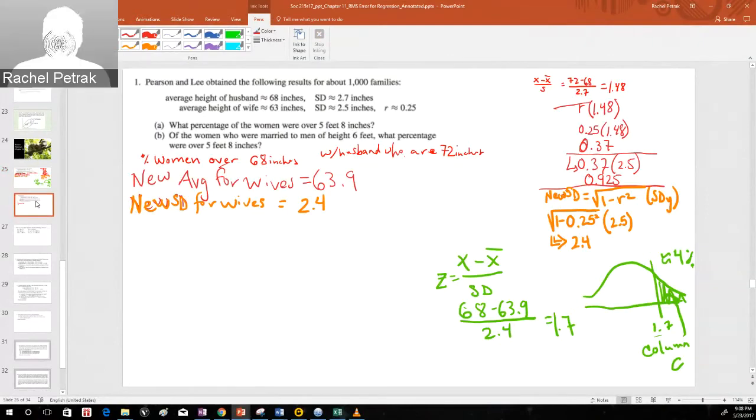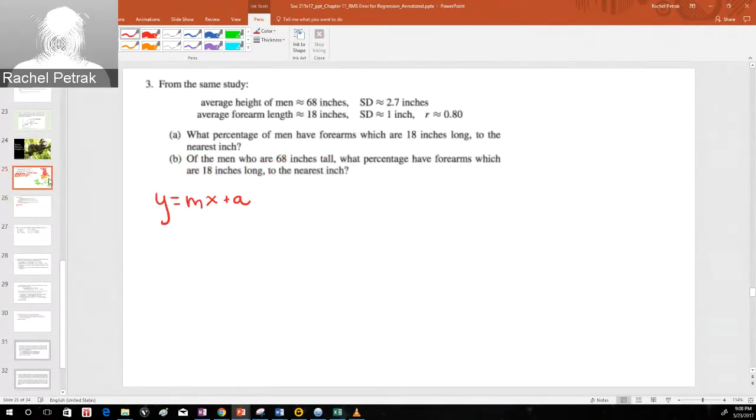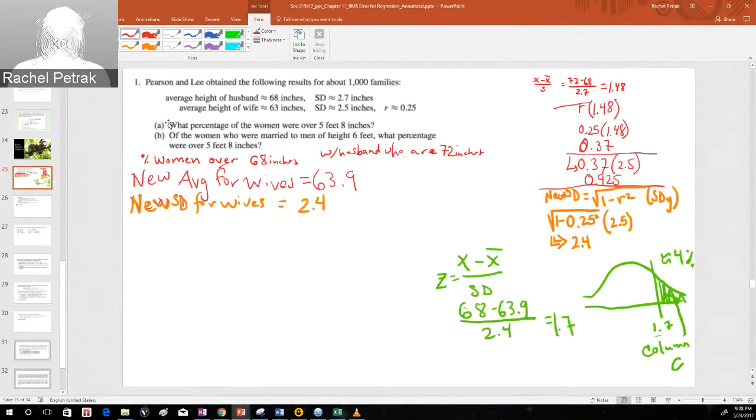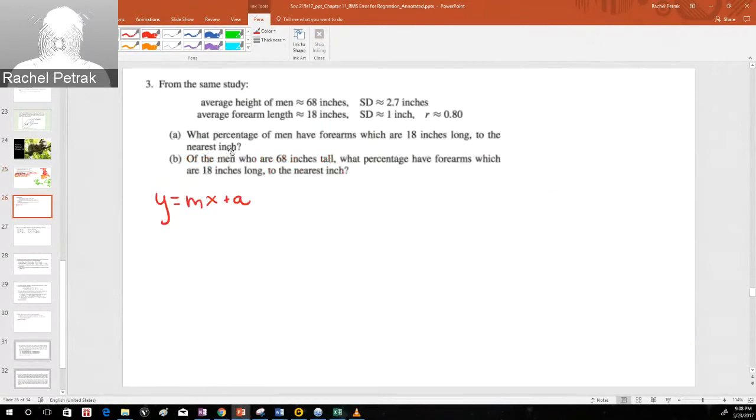So we can solve this. It's very similar. The reason I went back is to help highlight that this is very similar to number 1A. What percentage of the women were over 5 feet 8 inches? Now they're just asking what percentage of men have forearms that are 18 inches, but this is still the outcome variable. So we can use our same method that we used before.